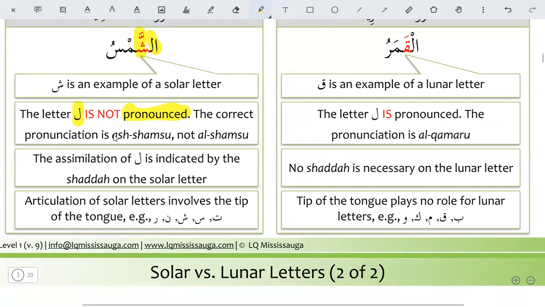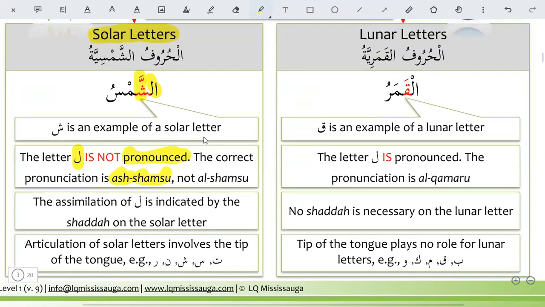The correct pronunciation is ash-shamsu, not al-shamsu. And on this letter, sheen, there is a shaddah, a tashdid, like this. We call it tashdid.